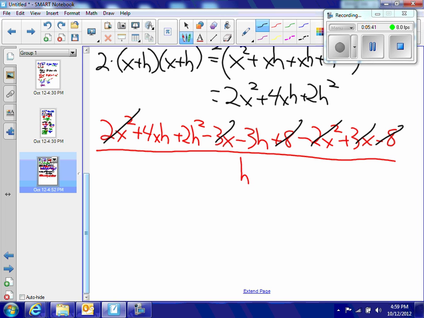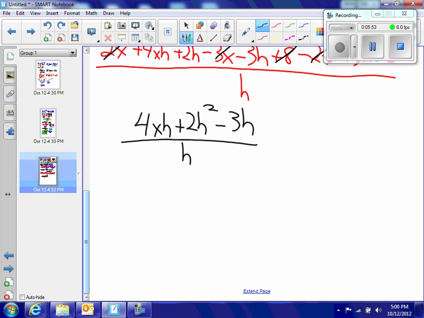So all I'm really left with is 4xh plus 2h squared minus 3h, all over h. And I'm not done, because I have a common term in my denominator. My denominator has an h, and every single one of the terms of my trinomial also has an h. So I know that I can simplify this a little bit further.